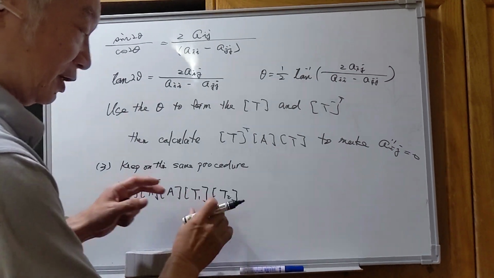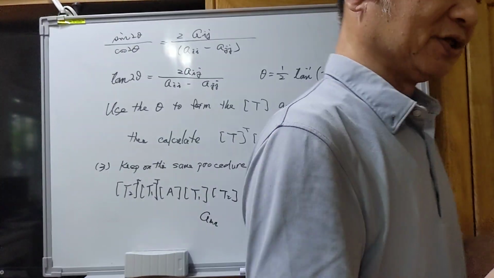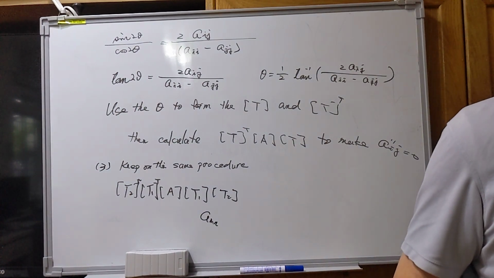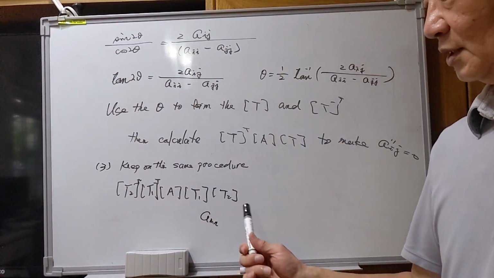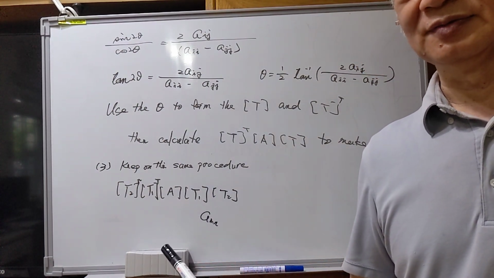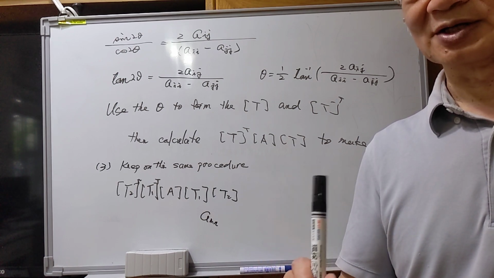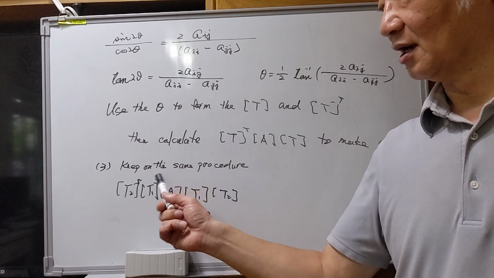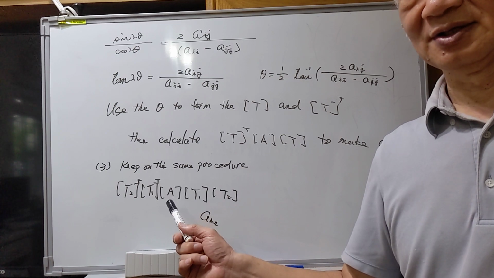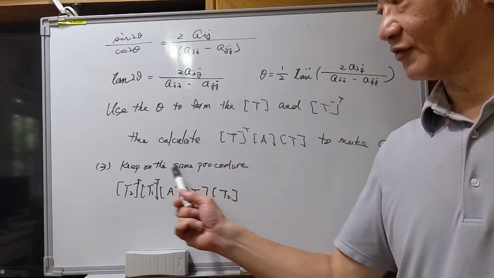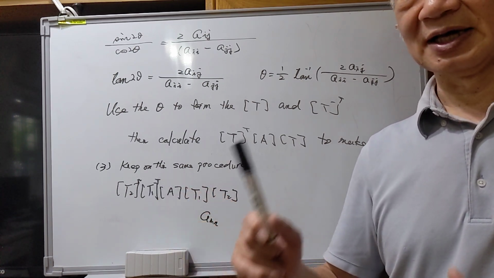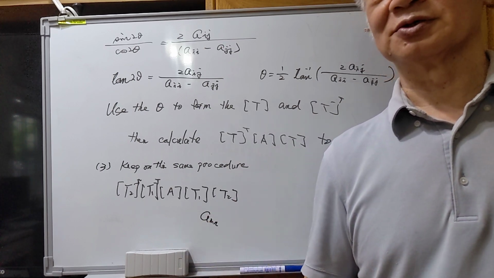The M and N cannot be the same as I and J, since after this procedure A_ij is equal to 0.